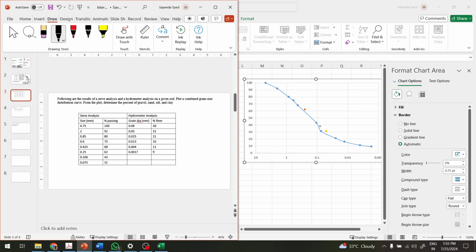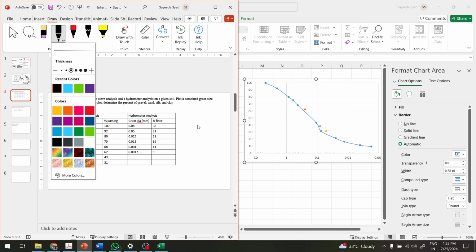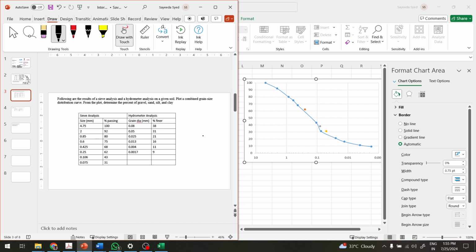We have to know what the diameter is at which you will classify gravel, and what the diameter is for sand. So we will have gravel, sand, clay, and silt.